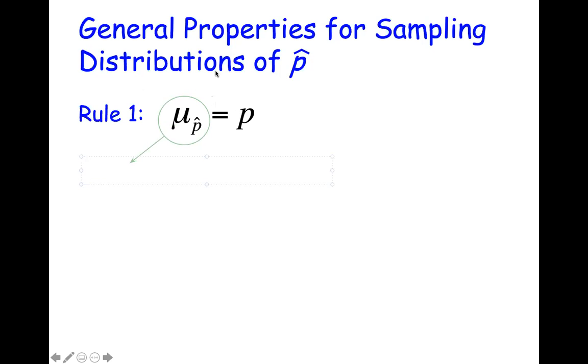Ooh, that is big. The mean of the sampling distribution of proportions, I'll just say mean of sampling distribution for simplicity's sake. And then this guy is the population proportion.